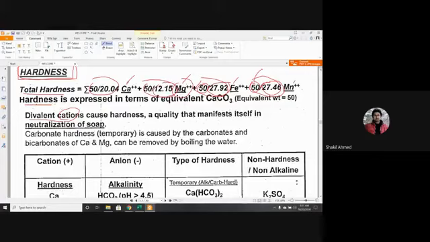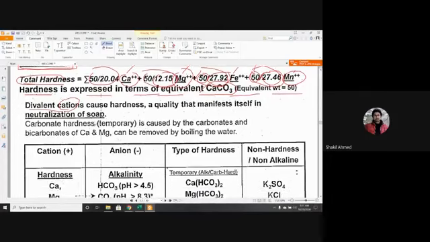For calcium, the equivalent weight is 40 divided by 2. And for manganese, this is 57 divided by 2, 27 point something. Is it clear? So you add them up and you get the total hardness, expressed in terms of equivalent calcium carbonate.